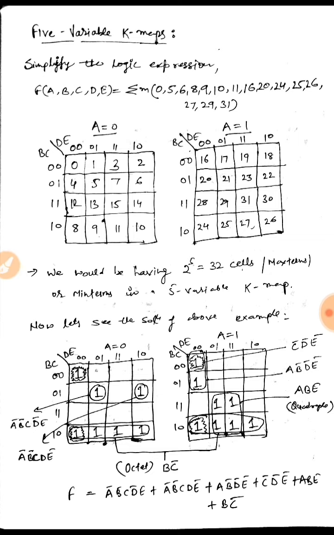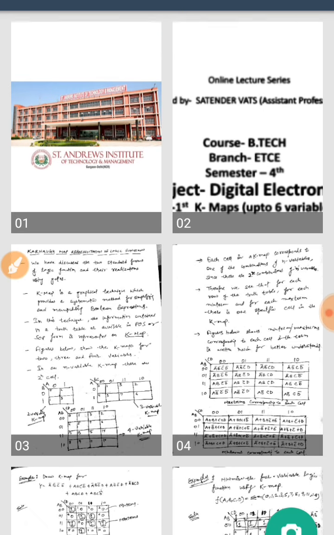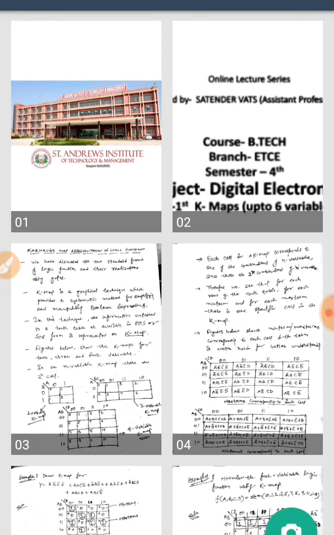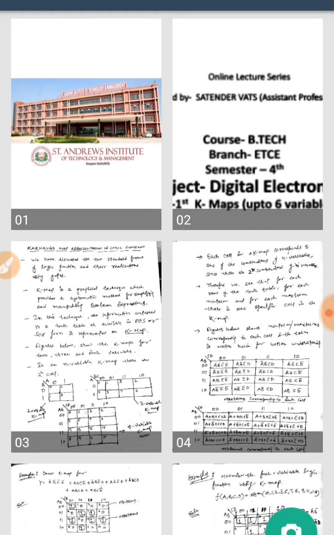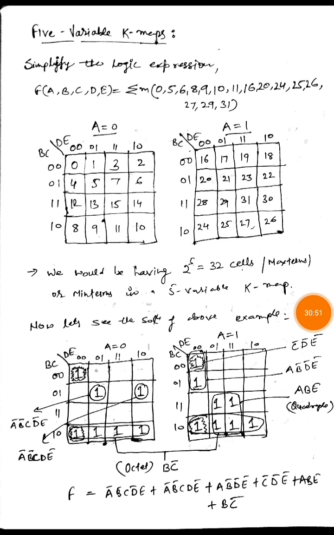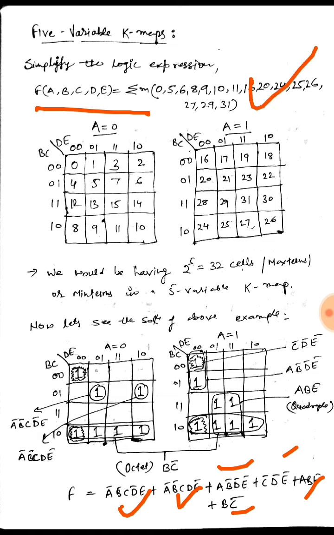So here we can see that we have 6 terms only, 1 2 3 4 5 6, and in the original function I had 15 max terms.